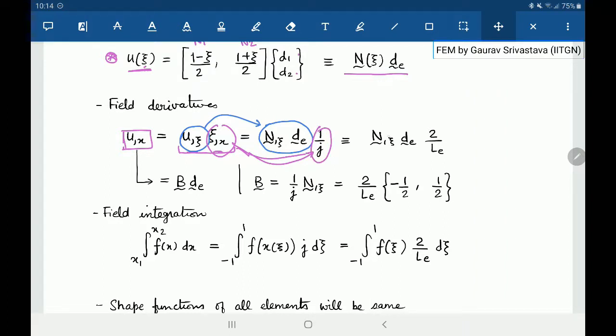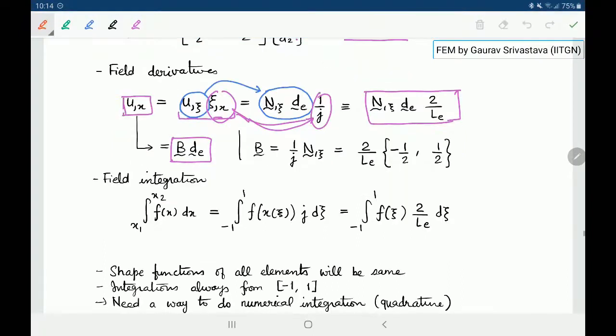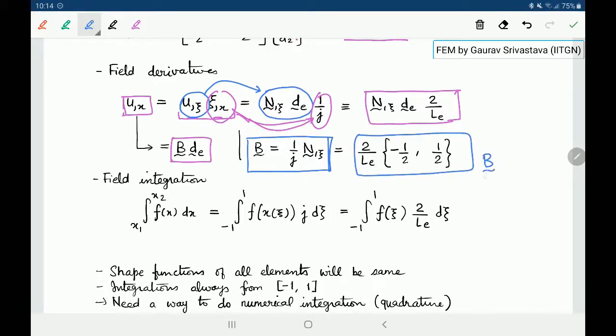So basically u comma x becomes n comma psi times de times 2 by le, and this u comma x, using the earlier generalized notation, we will write as b times de. Okay, where b is a vector in this case defined as this. So b is a 1 by 2 vector.